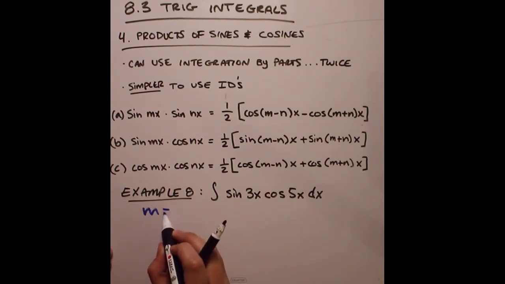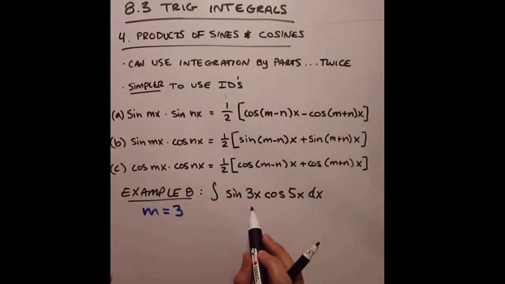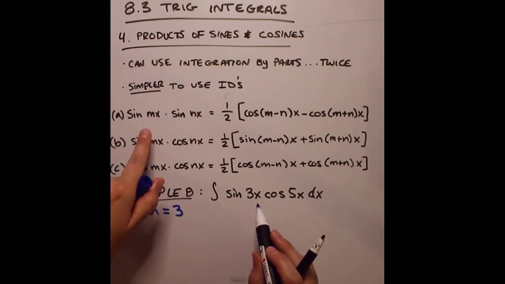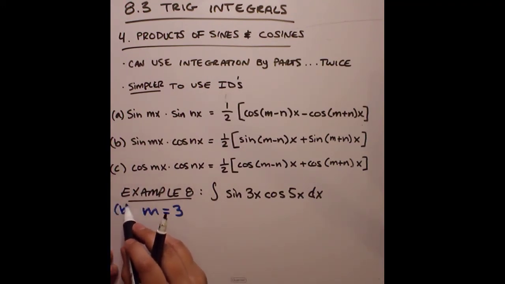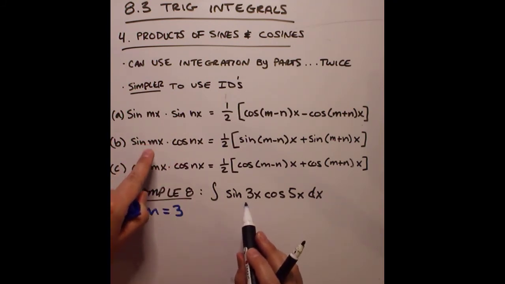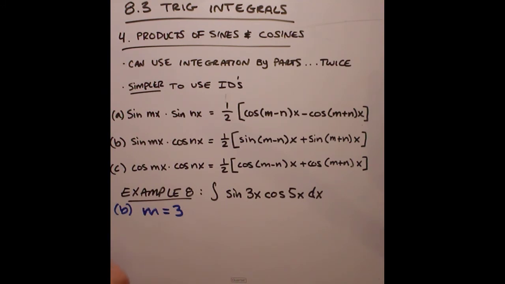First let's identify which of these 3 versions of this identity we're working with. We are working with B, because it's sine times cosine. So m is 3, and then n is 5.